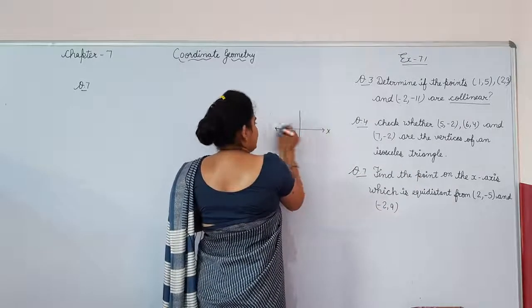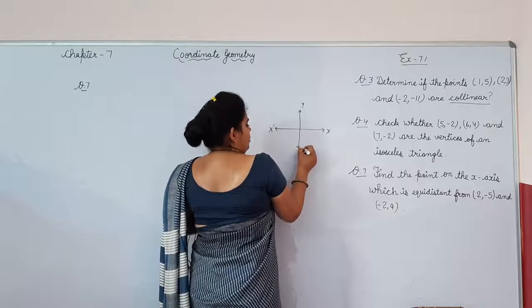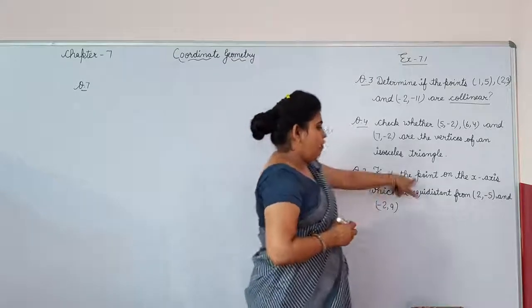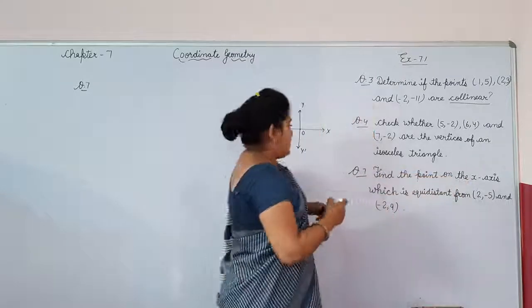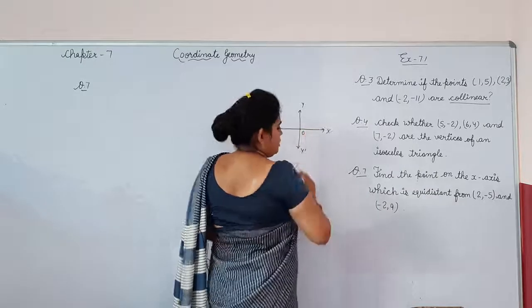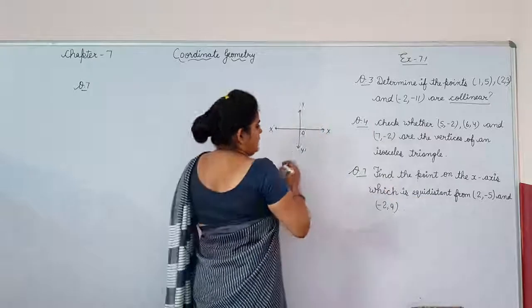This is our x axis and this is our y axis, and where these two axes meet, this is called the origin. We have to find a point on the x axis which is equidistant from two points.